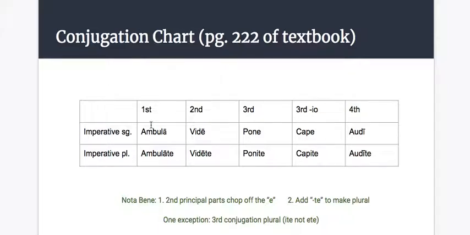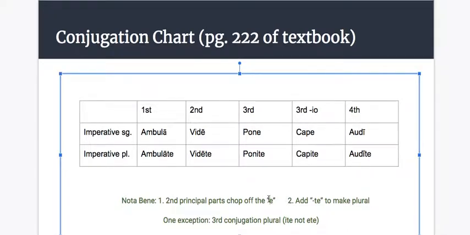All we have to do is go to the second principal part, whether that be ambulare, videre, ponere, capere, or audire, and all we do is chop off the re. Chop off the re to get the singular. Ambula, walk, if I'm talking to one person. Vide, see. Pone, put. Cape, take, capture. And audi, listen, hear.